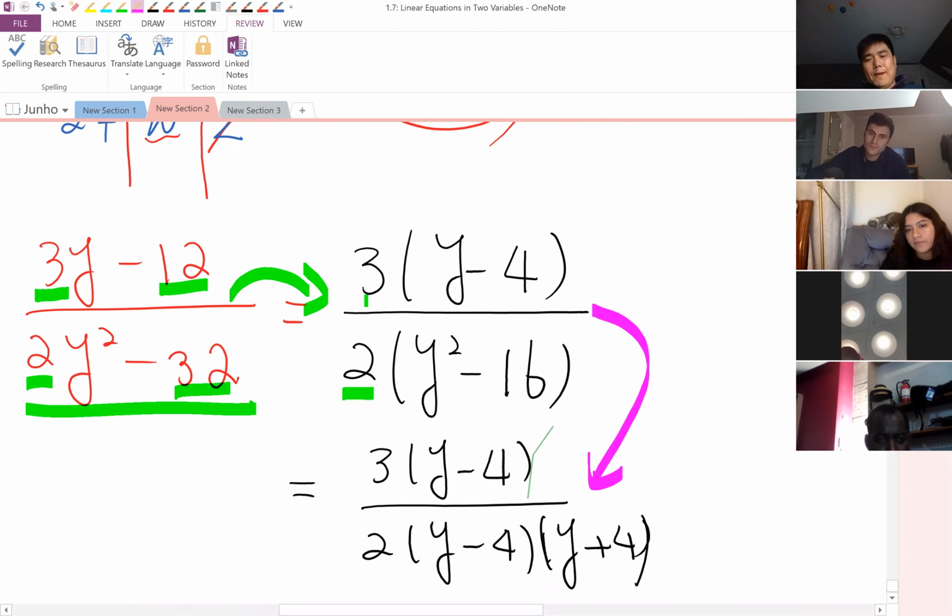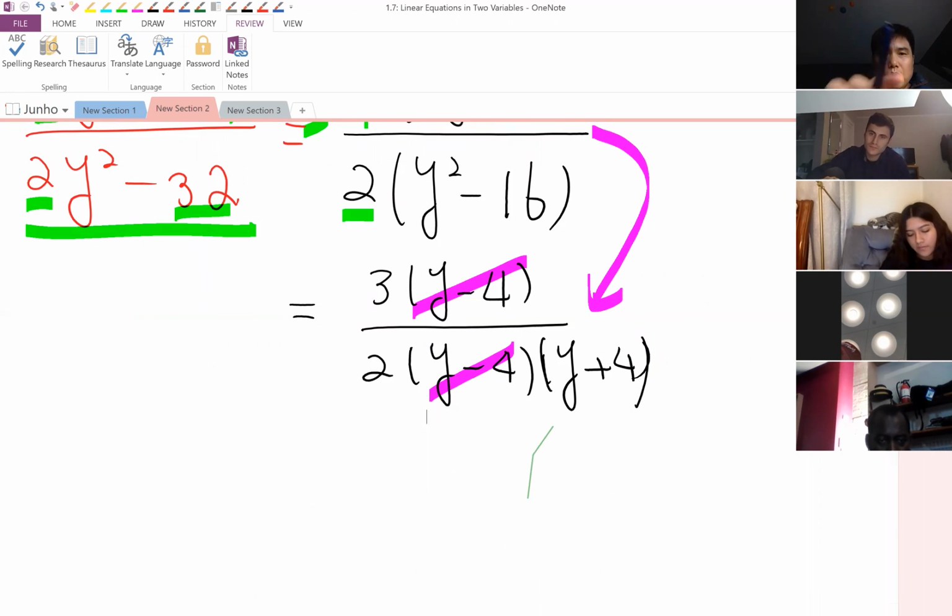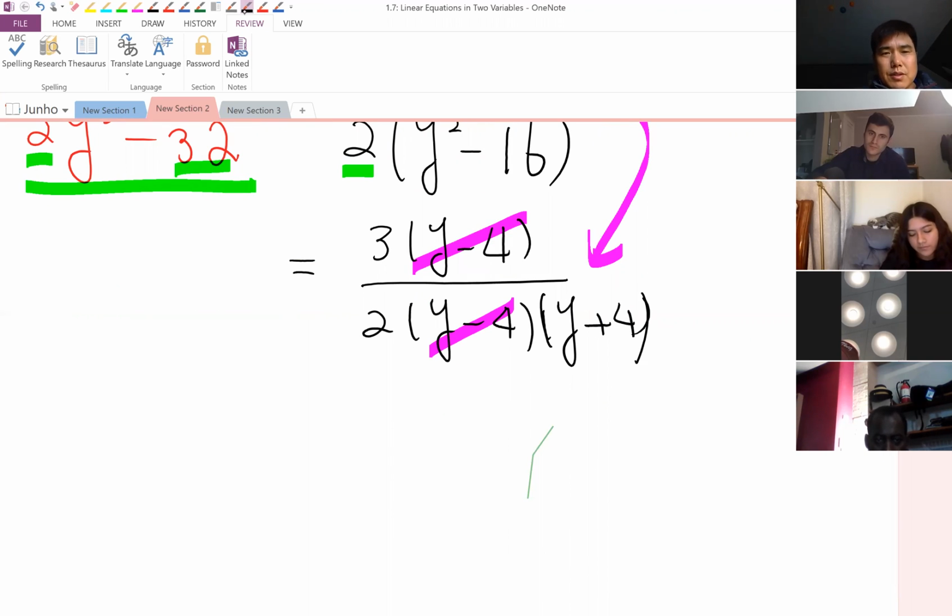Okay. Now, do you see any common factor between numerator and denominator? Y minus 4. So we can cancel this out. So our final answer becomes 3 over 2y plus 4.